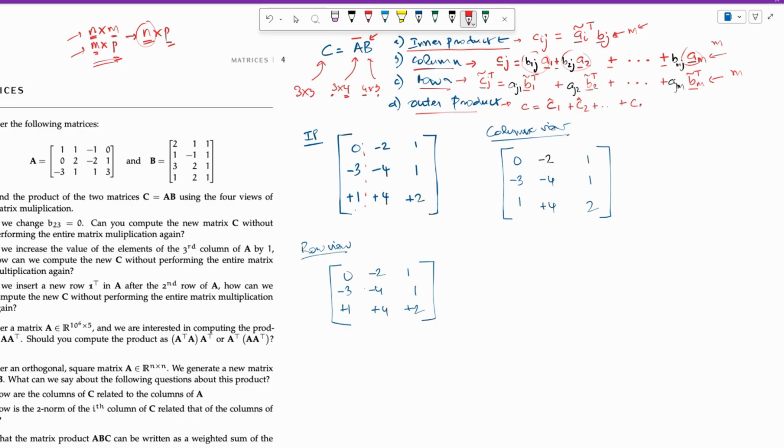You're going to be adding M matrices, where each matrix, the ith matrix is given by the outer product of the ith column of A with the ith row of B. And you can verify that this will in fact give you a n cross P matrix. Assuming A is n cross M and B is n cross P.